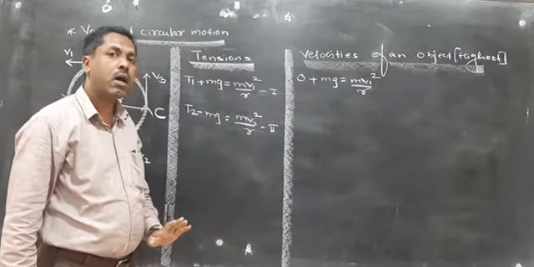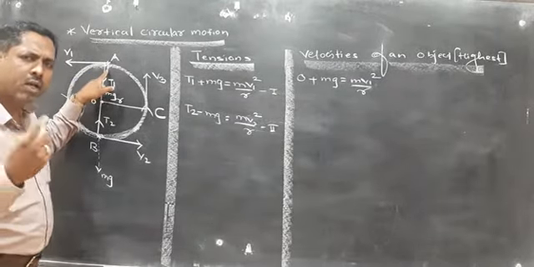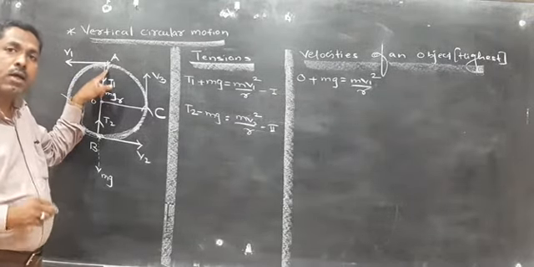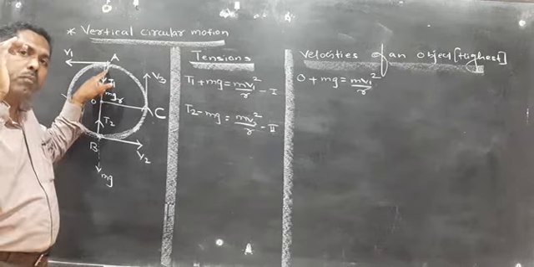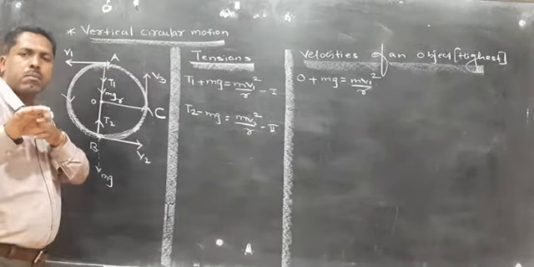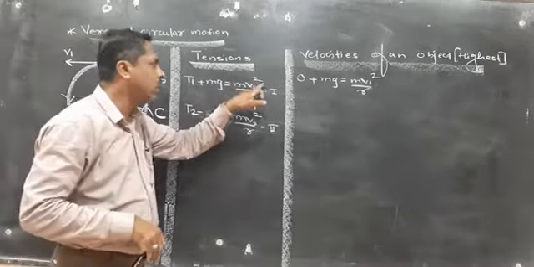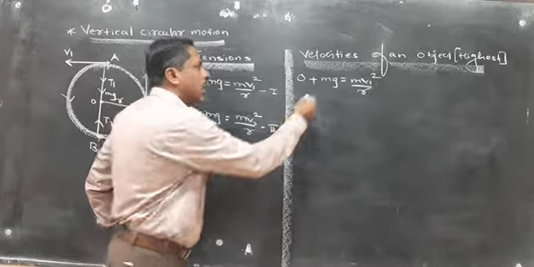Whenever the object is at the top, it has minimum velocity, but before the top position the tension vanishes, that's why 0 plus mg is equal to mv1 square by r.